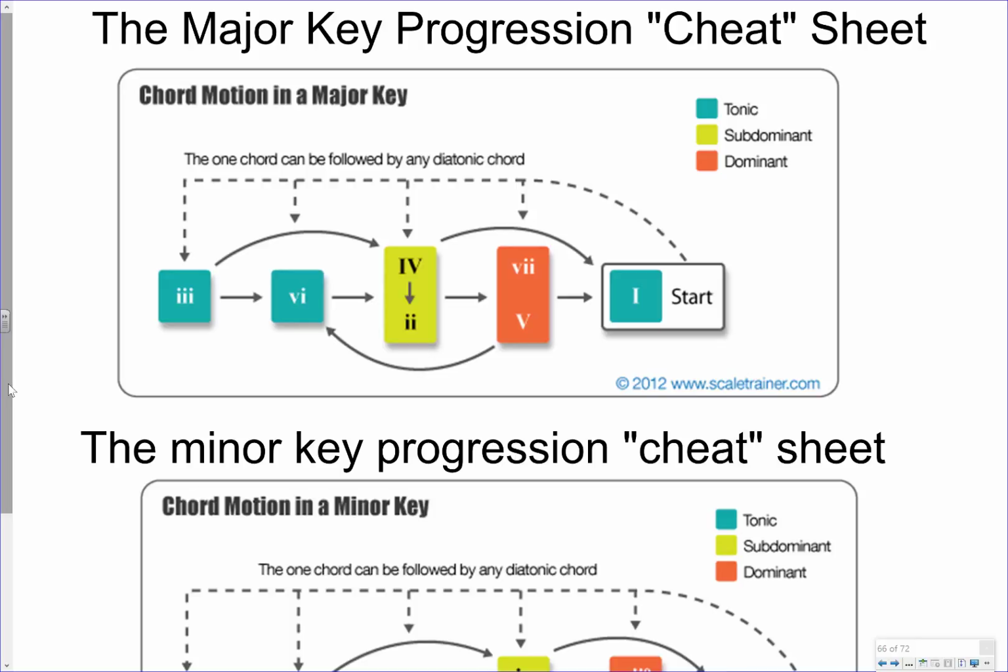So here in this diagram, we're starting out with the minor 3. Thinking of our telephone number, we can travel to the 6, the minor 6th, and then we have the option of going to the major 4 or the minor 2.